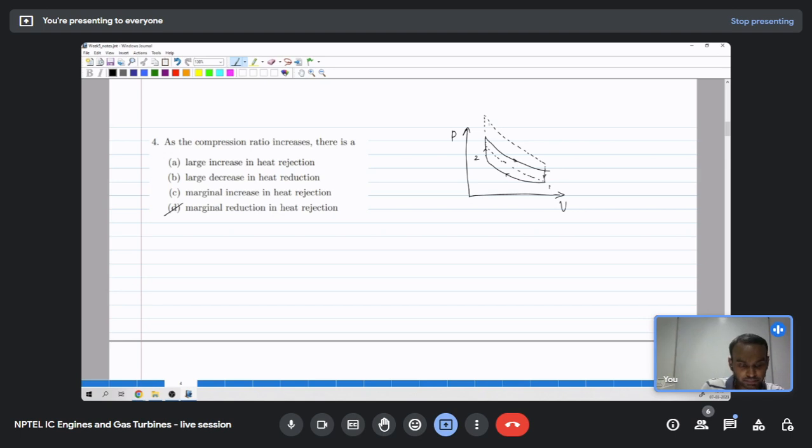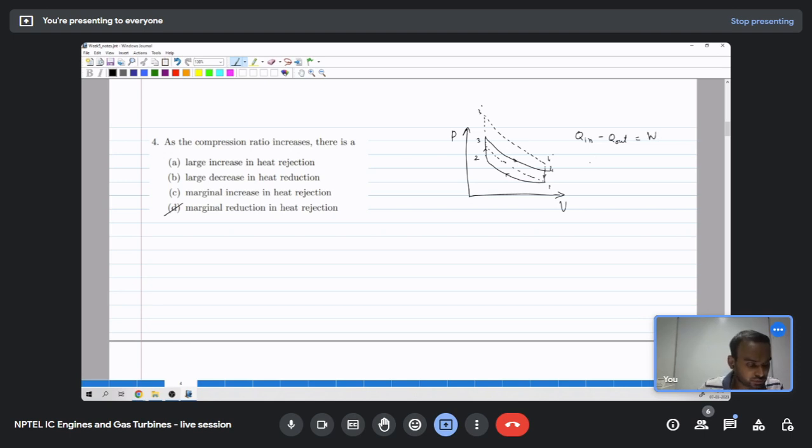So there will be only a proportional increase or decrease in whatever heat. So assume this is 3, 4 and this is 3 bar, 4 bar. So Q in minus Q out is equal to work done, right?